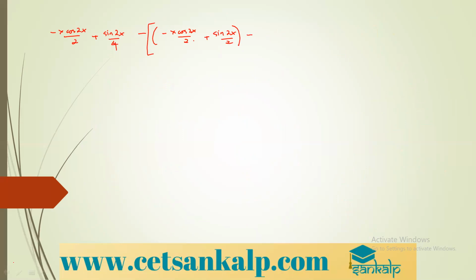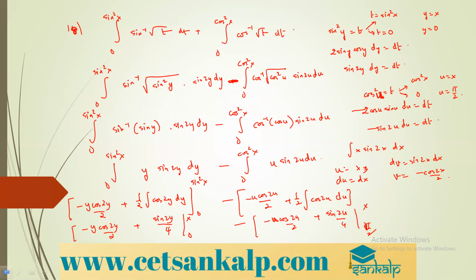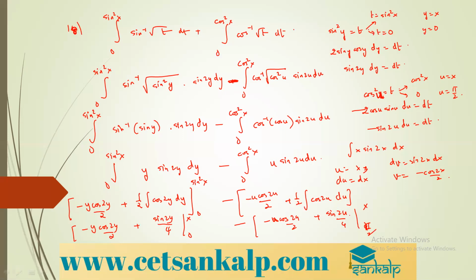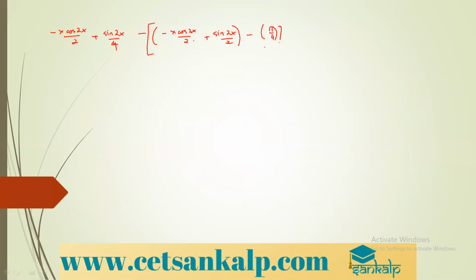But when I put pi by 2, it will be minus pi by 2, but cos pi will make it minus. So pi by 2 by 2, pi by 4 you will have. Then when you put pi by 2, it will become 0 anyways for sine.